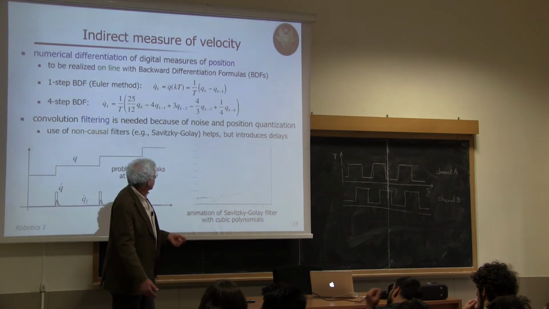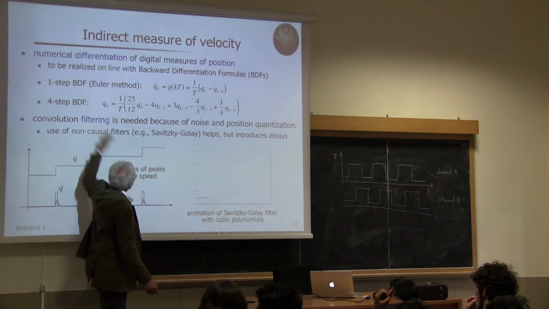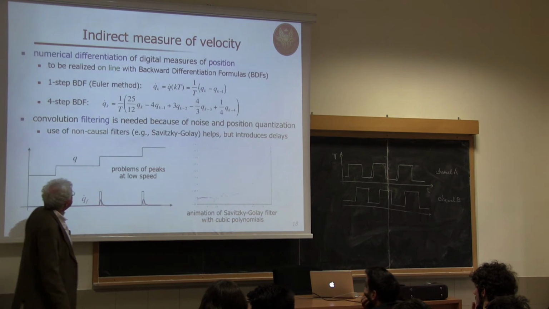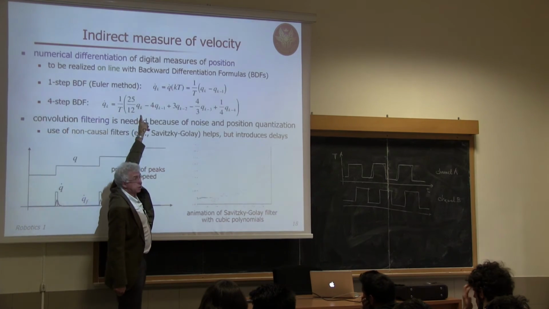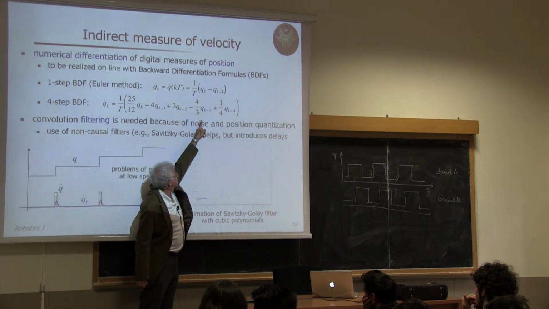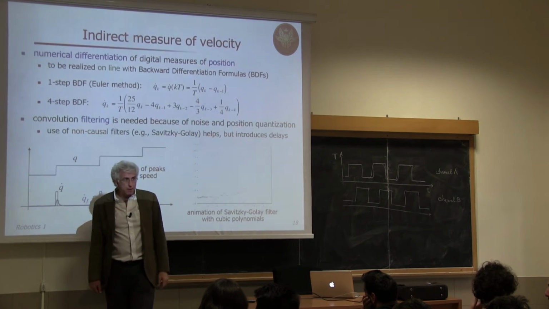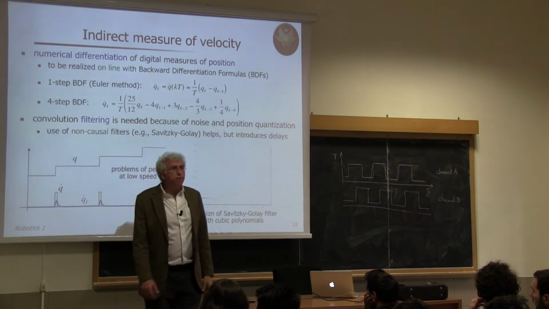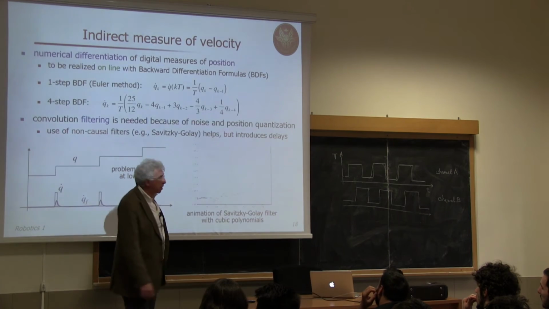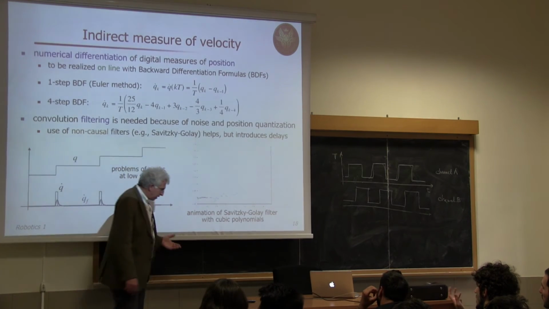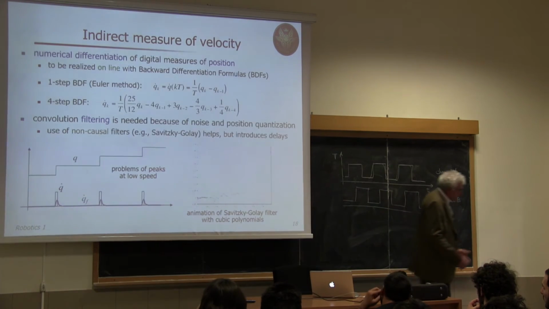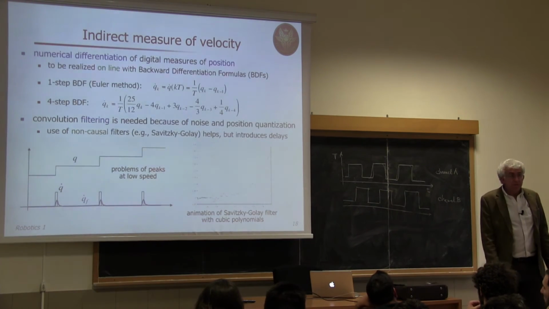So, for instance, this is a backward differentiation formula with 4 steps. You're using the current position qk and the previous 2-step, 3-step, 4-step before, combined with coefficients chosen according to some rule, which, for instance, minimizes the differentiation error with respect to polynomial trajectories.